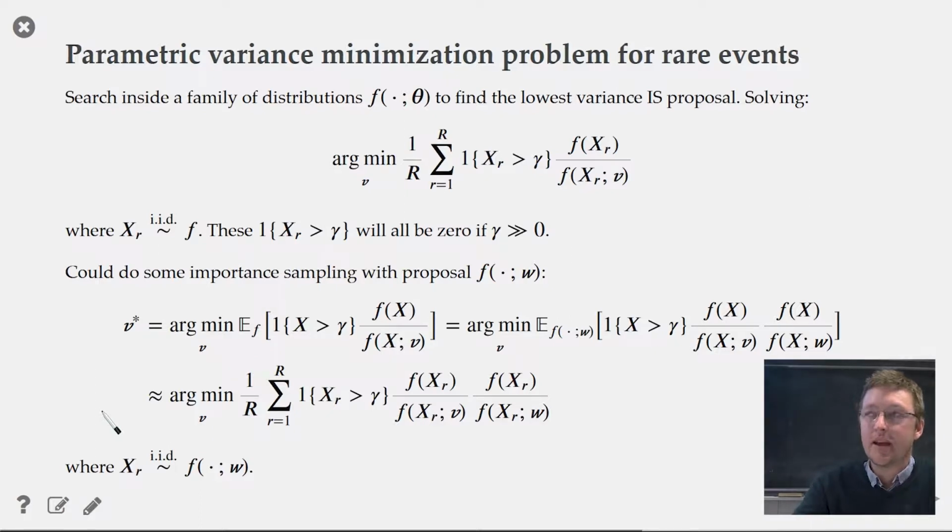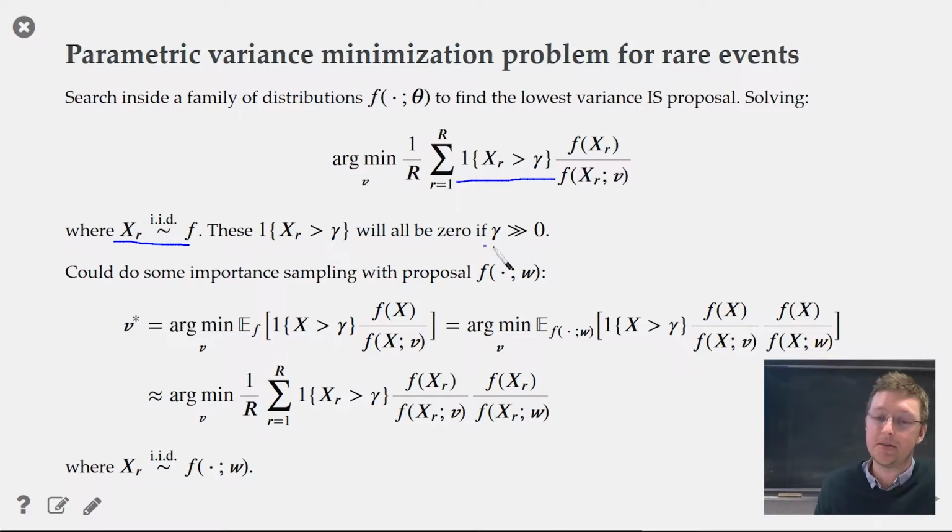And in our scenario, when we want to look at rare events, we have an even bigger problem, which is the thing we're optimizing. When we take the stochastic counterpart, the indicator here will basically never be turned on. So in the stochastic counterpart problem, we are sampling from our original distribution f, and we're trying to minimize this thing, where each term has an indicator that xr is greater than gamma.